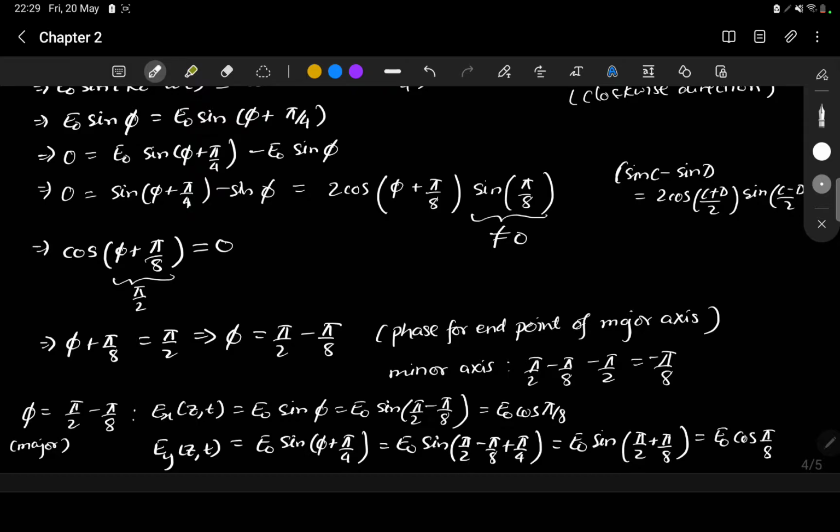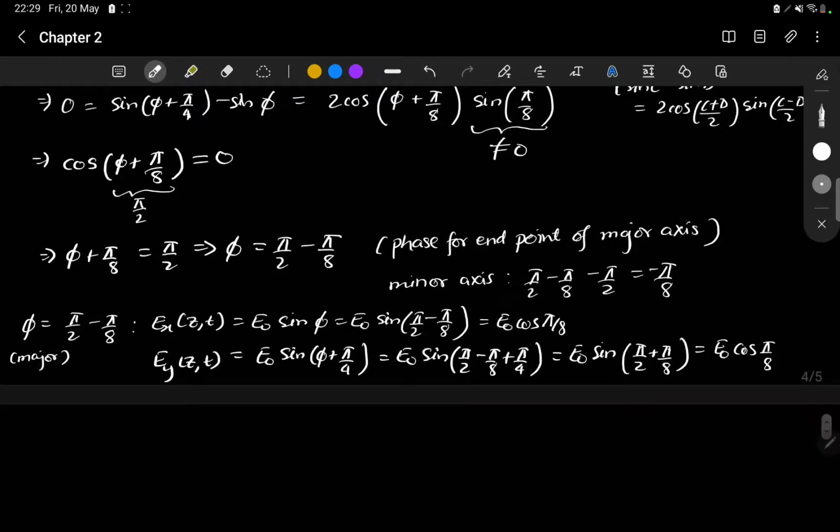So as expected, at the major axis, Ex and Ey are equal, they are equal to E naught cos pi by 8.